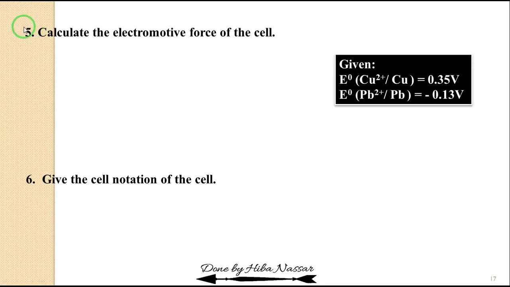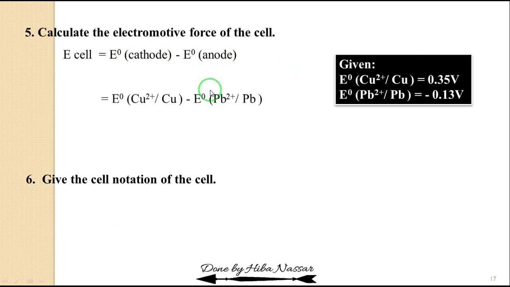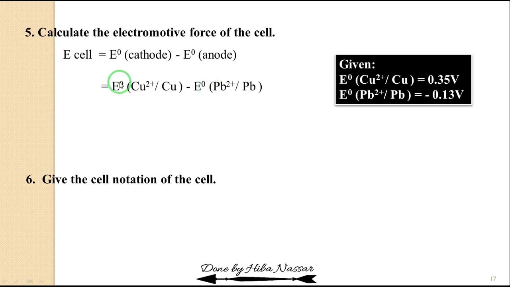Now question 5: calculate the electromotive force of the cell. The electromotive force of the cell is equal to the standard potential of the cathode minus the standard potential of the anode. So here we have the standard potential at the cathode, which is for Cu2+/Cu, minus the standard potential at the anode, which is for Pb2+/Pb, and these two values are given.